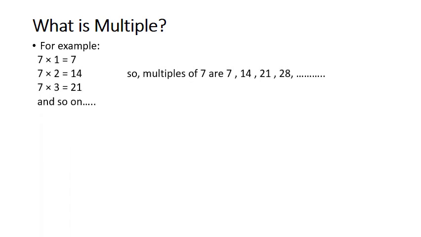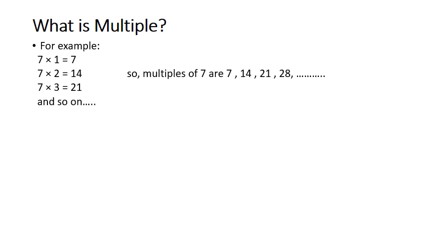Here we will see the first example, where we are finding the multiples of 7. Now you can see that when you multiply 7 with 1, it gives you 7. When you multiply 7 with 2, it gives you 14. When you multiply 7 with 3, it gives you 21.